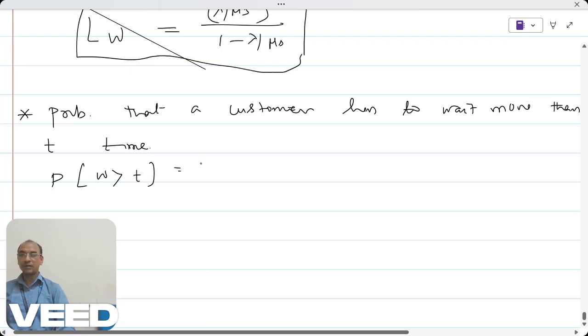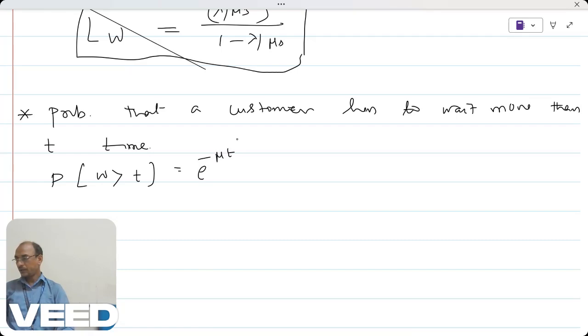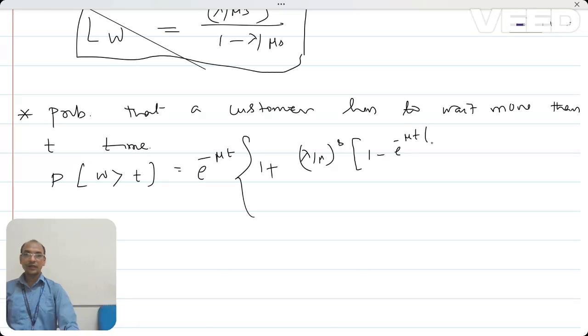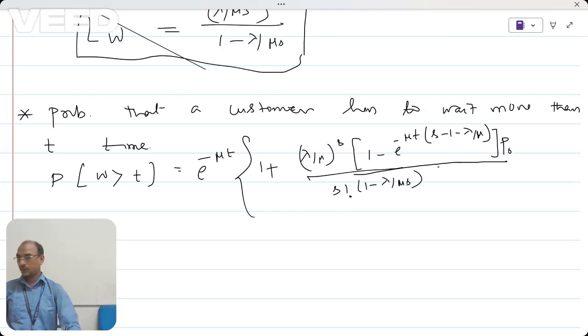And that will be nothing but e to the power minus mu t whole into 1 plus lambda by mu to the power s into 1 minus e to the power minus mu t into s minus 1 minus lambda by mu, all divided by s factorial into 1 minus lambda by mu s into s minus 1 minus lambda by mu.